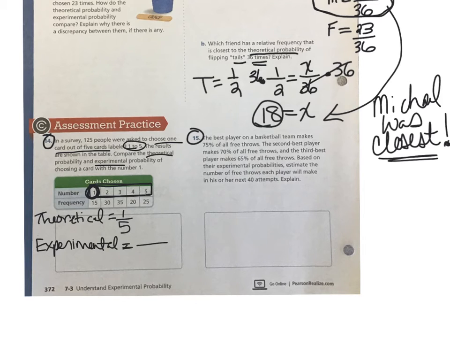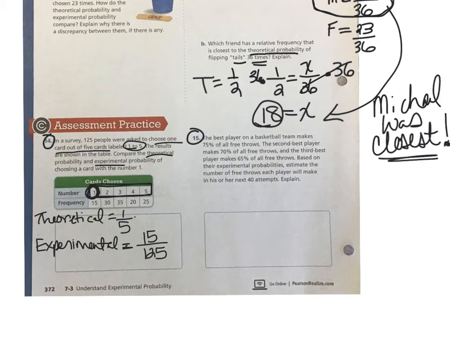However, the experimental probability, remember, is different. It's based on the information that you are given in the table. In other words, the frequency, or the number of times that the card with the number 1 was chosen, is 15, and that's out of 125 people that were asked to choose a card. In order to accurately compare these two probabilities, it might be best to change them into decimals or percents.